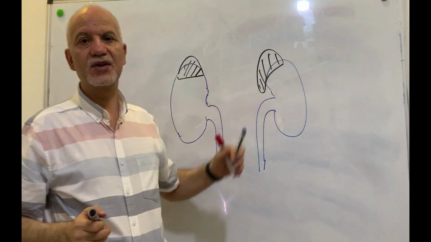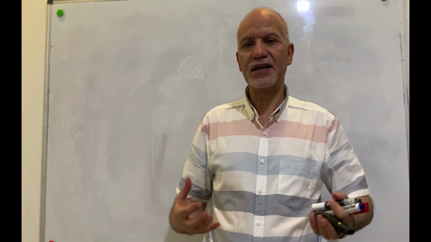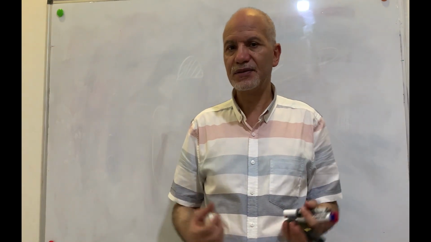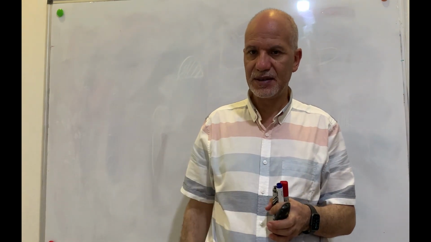Right and left suprarenal gland. The suprarenal gland is an endocrine gland related to the upper pole of the kidney.